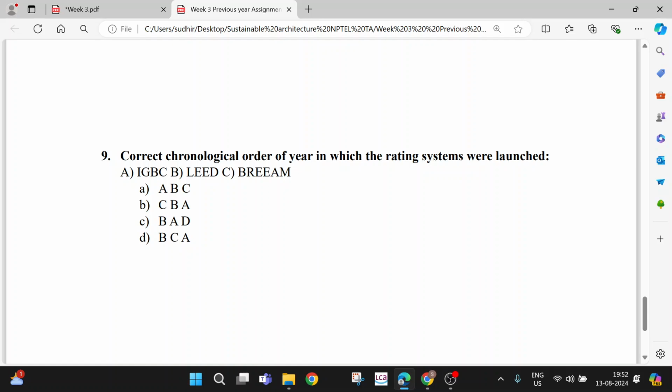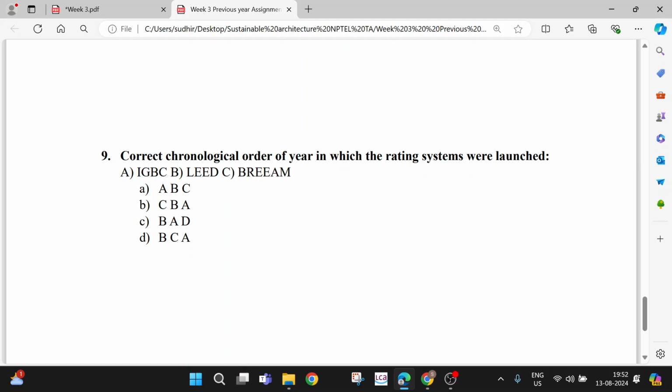This is the right sequence for this particular answer. But I want to know more about this answer, and I'm asking when the BREEAM rating system was launched. It is 1988. The oldest green building rating system was developed in the UK.